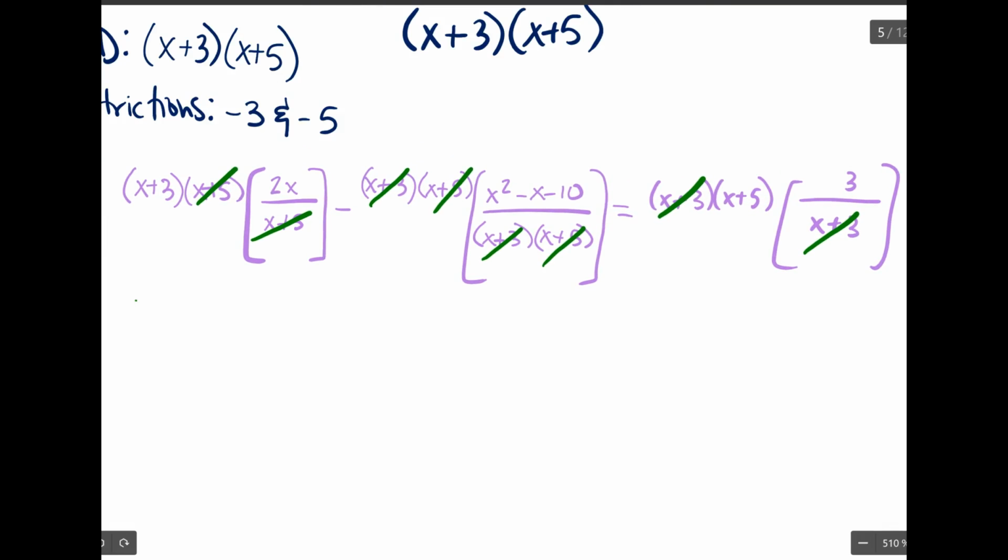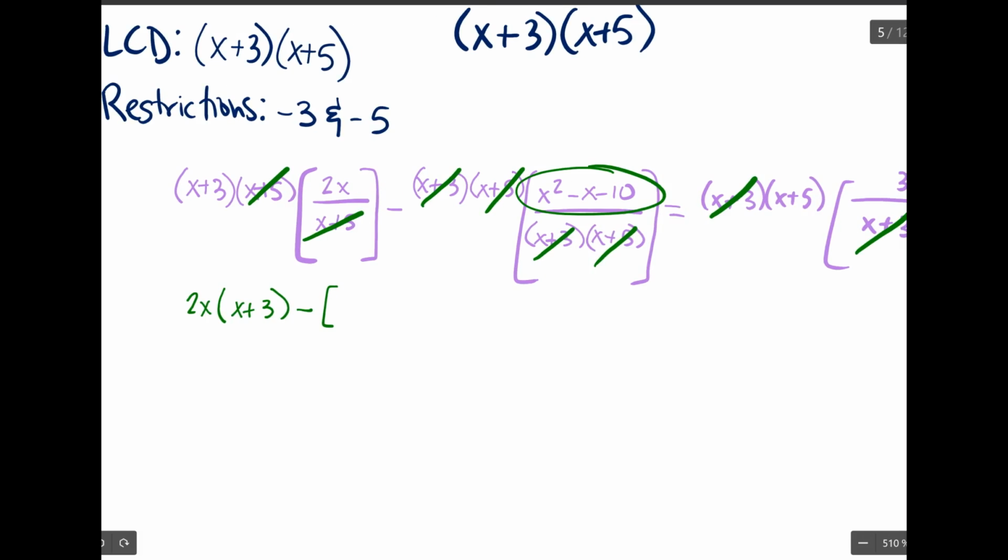So, I have 2x times x plus 3 minus, well, both of those factors canceled out, so I'm just taking what was up here, x squared minus x minus 10, and it's important to keep the parentheses because I'm going to have to distribute that negative out, and that's a problem a lot of people have. Equals 3 times x plus 5. So this looks a little better than the previous line.